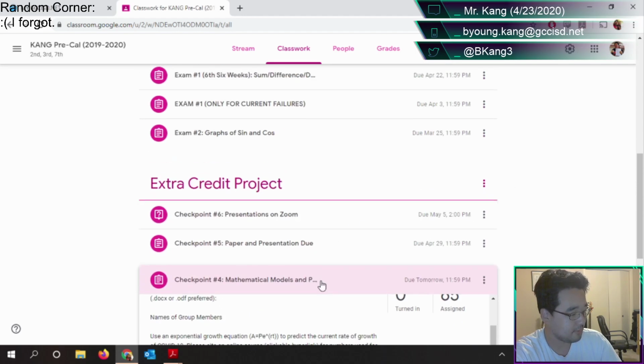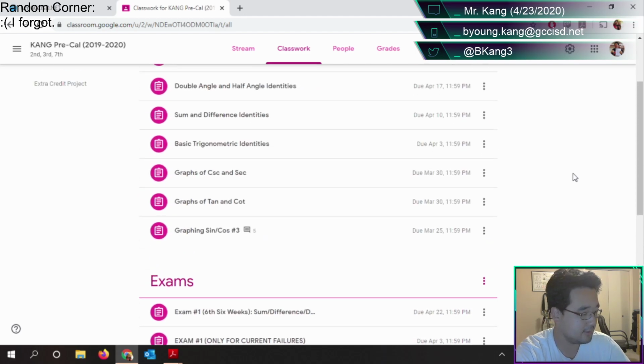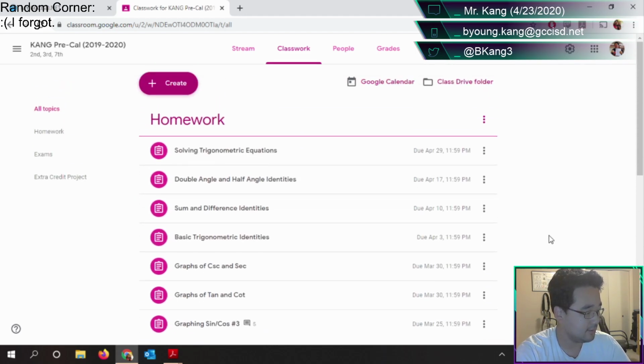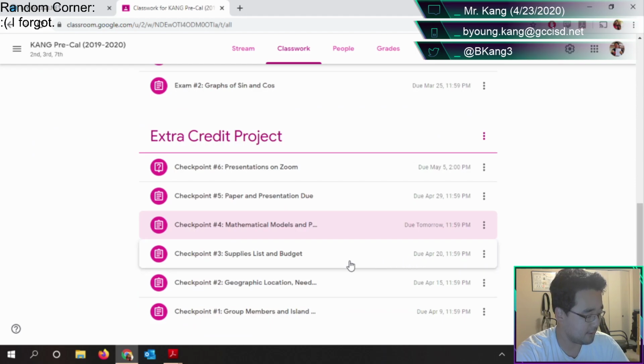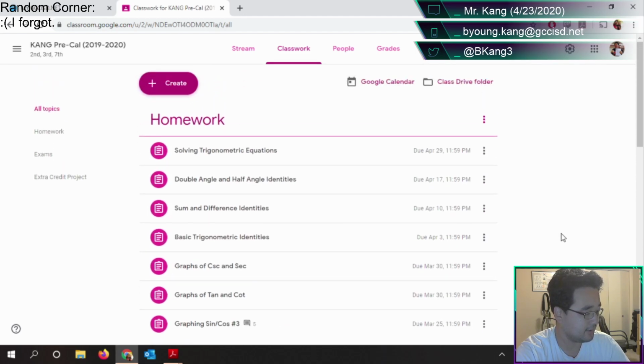But that's the most math-centric portion. Then you're going to get to writing your paper, and we will do our presentations. You're almost to the end of the extra credit. Most groups have been keeping up with it pretty well. I think we have 13 groups in dual credit, and it's going great. I'm glad so many of you are getting involved.